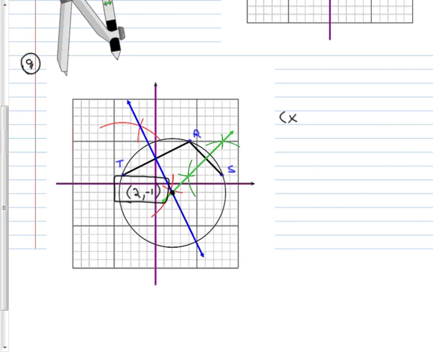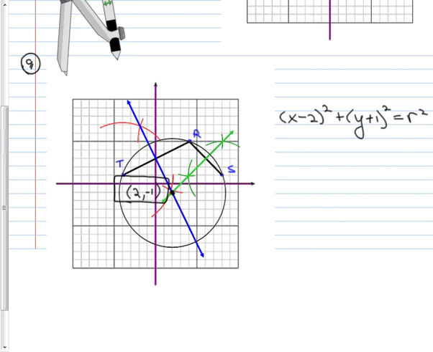So x minus 2 quantity squared plus y plus 1 quantity squared. Can we read the radius right off our graph? Maybe 6, maybe not 6. Mine looks like 1, 2, 3, 4, 5, 6 point something. Looks like it's a little bit bigger than 6.